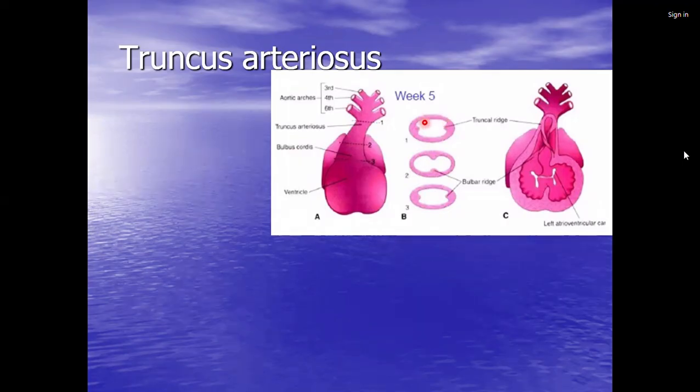During this development, we have some rotation, some spiraling of the common truncus arteriosus, and this rotation eventually leads to the part that developed to form the aorta originating directly from the left ventricle, and the other part that is pulmonary is from the right ventricle.